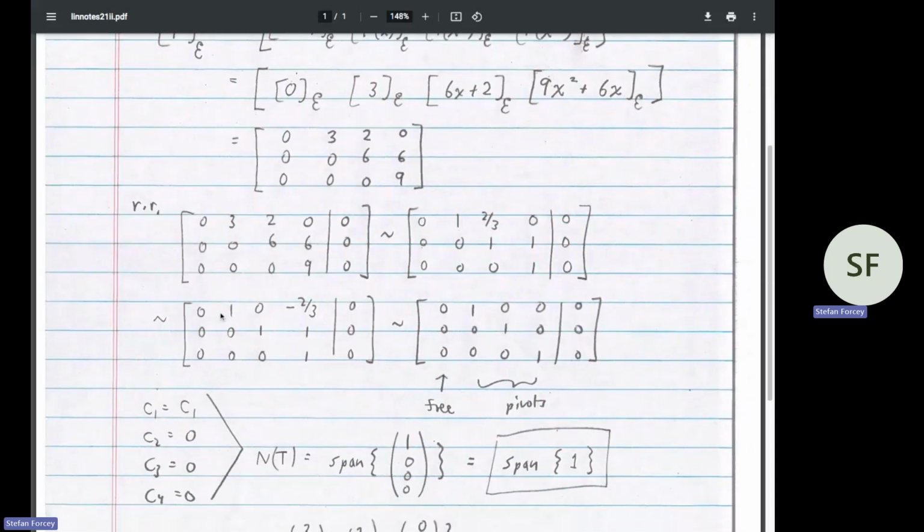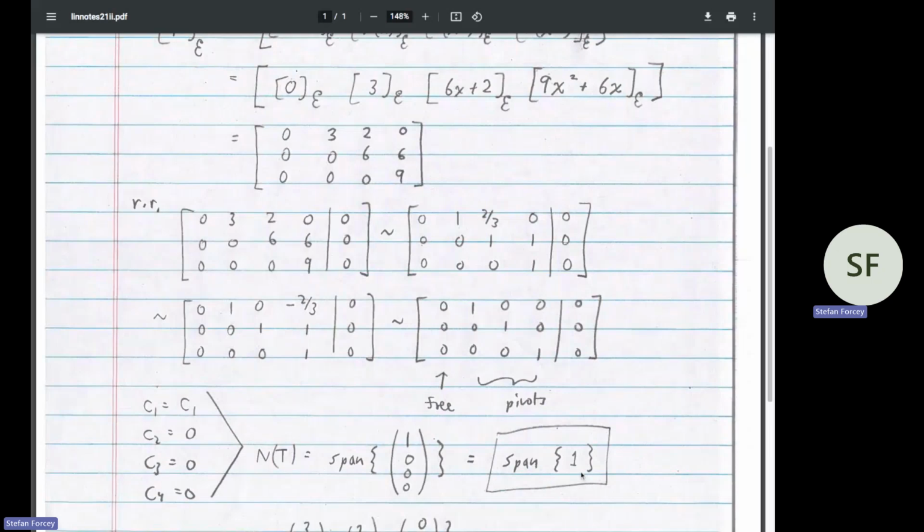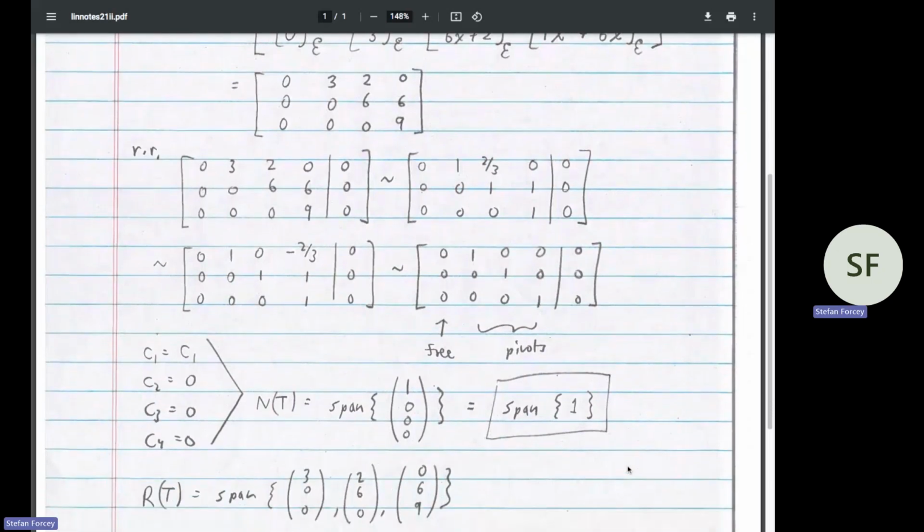So 1, 0, 0, 0 is just 1. It's 1 times 1 and 0 times x, 0 times x squared, and 0 times x cubed. So it's the span of the constant function 1. All right, that does actually make sense. The derivative of 1 or the second derivative of 1 gives you 0.